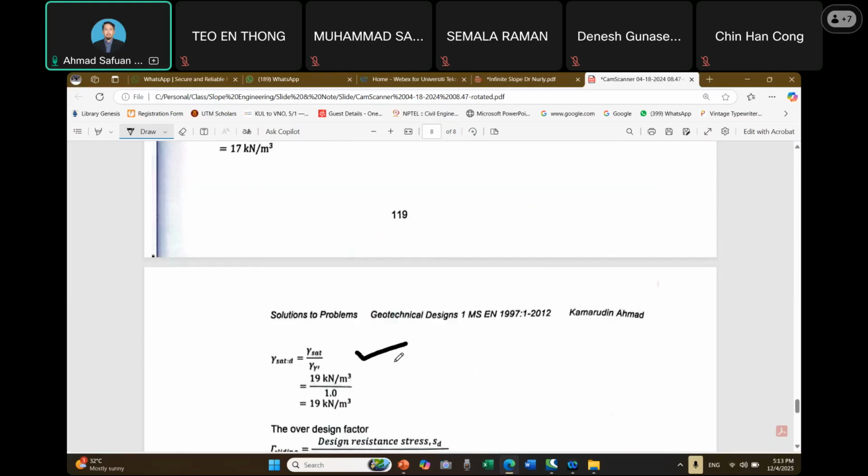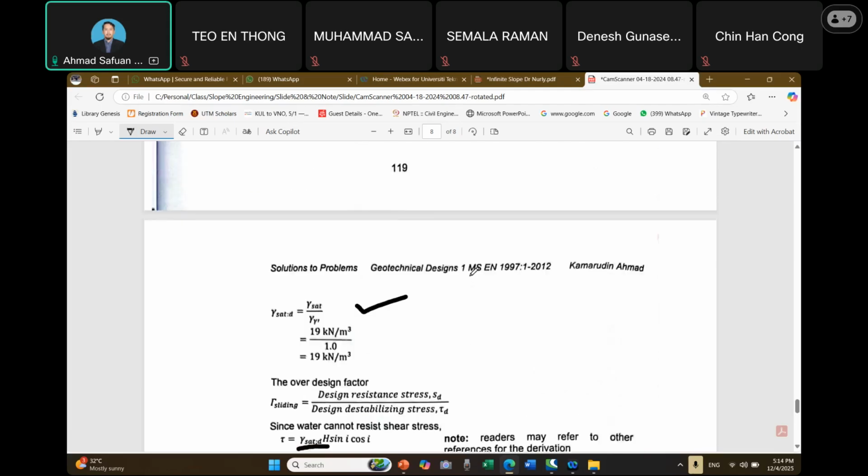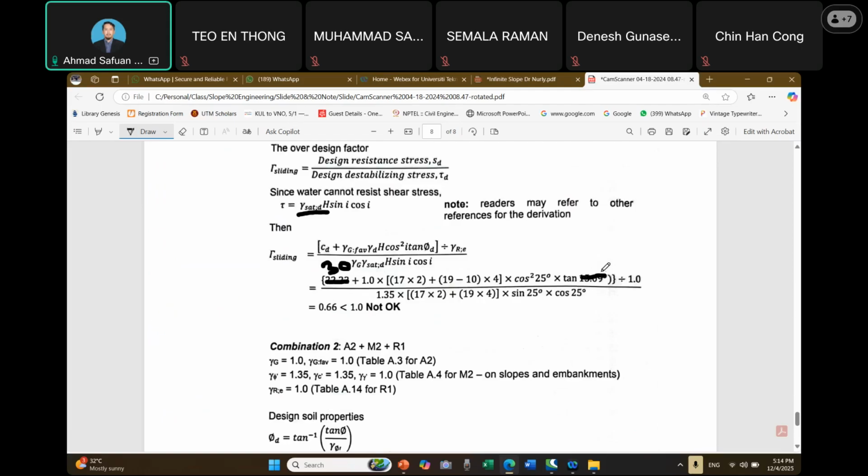So this is 30 plus 1 multiplied by 17 times 2 plus 19 minus 10 times 4, cos 25 and tangent 20.